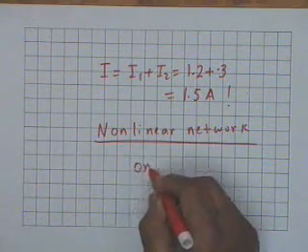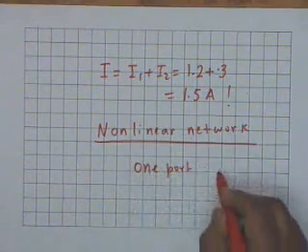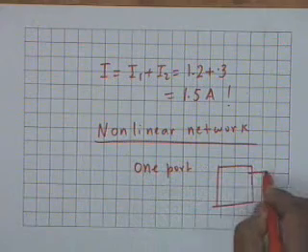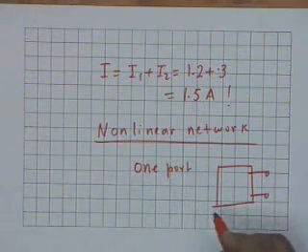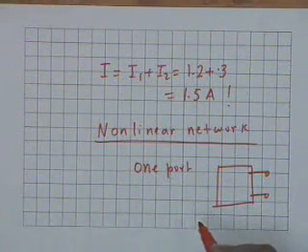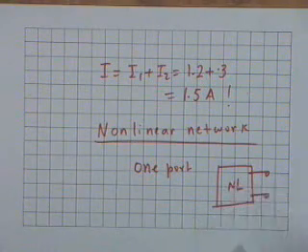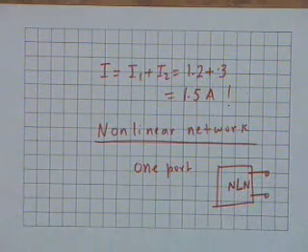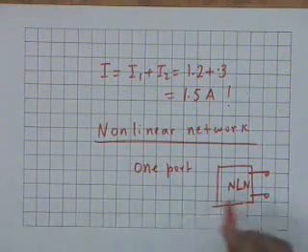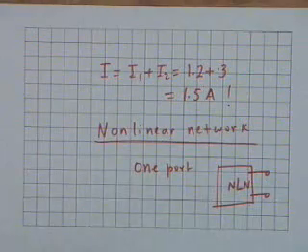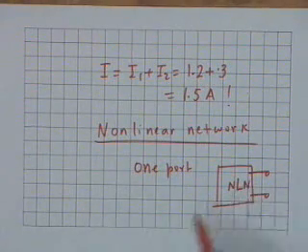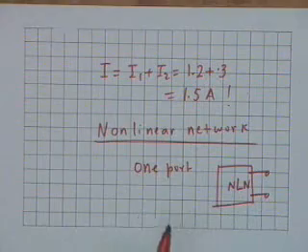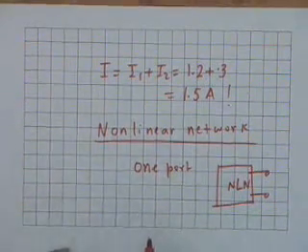A nonlinear one port, which means a network having available only 2 terminals, only one port or a pair of terminals, a nonlinear network, NLN. Obviously, if this network is a resistive network, then you can call it a nonlinear resistor. All right. Let's consider first a nonlinear resistor.